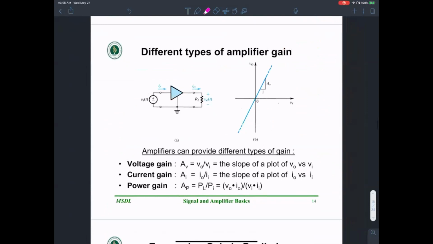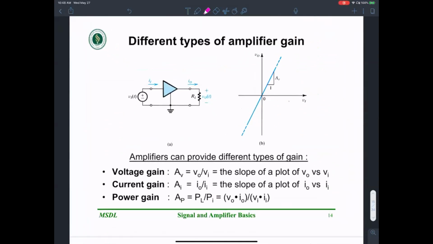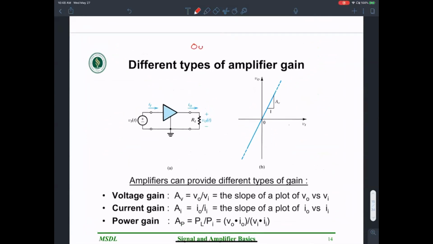Okay, there are different types of amplifier gain, depending on the input. I'm going to give you an expression here. Output is gain times input. Our gain is defined as output over input. In this case, the gain happens to be voltage gain because the output is a voltage and the input is a voltage.